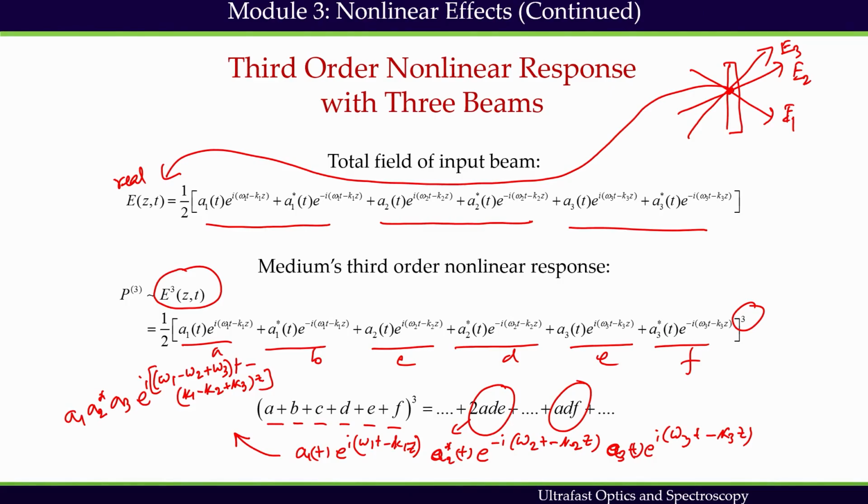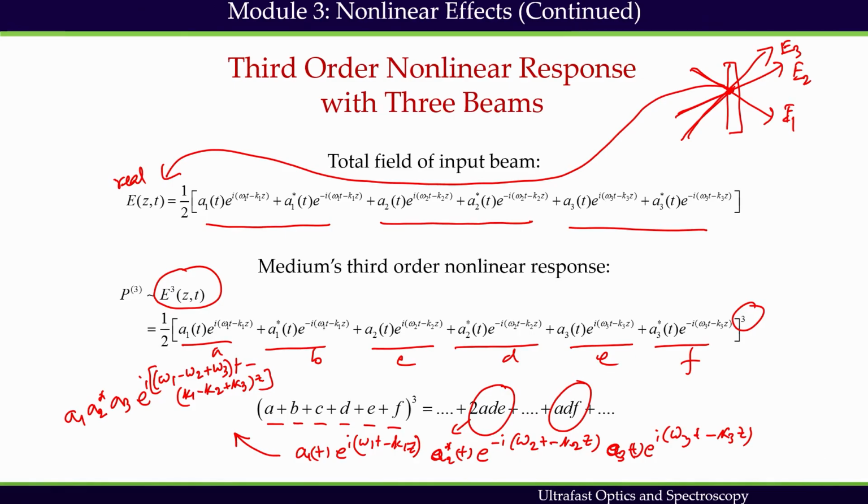This can be simplified. A very interesting variant of this term is obtained when we take 3 identical input beams. Let's say these 3 input beams are coming from the same input beam. So we can split an input beam and we can use 3 identical beams.